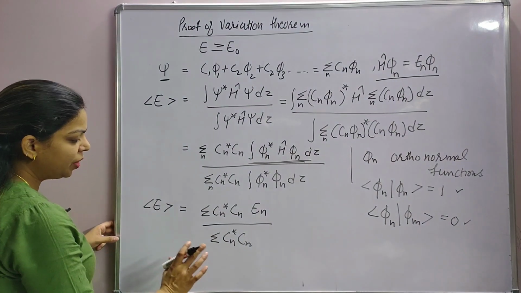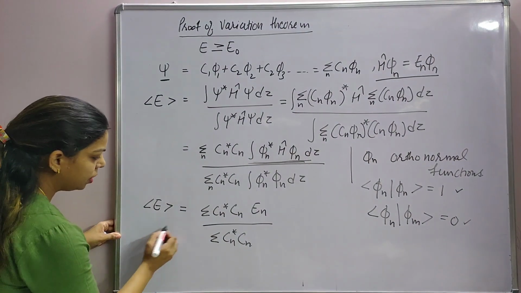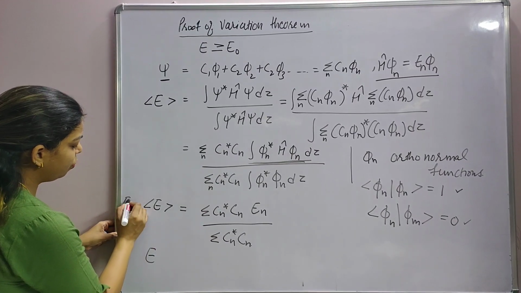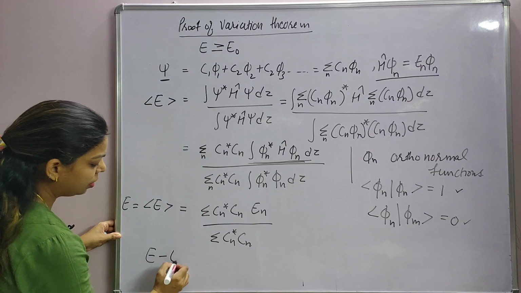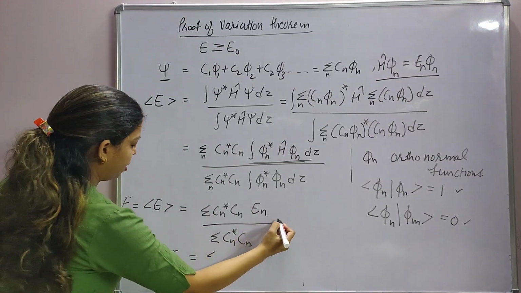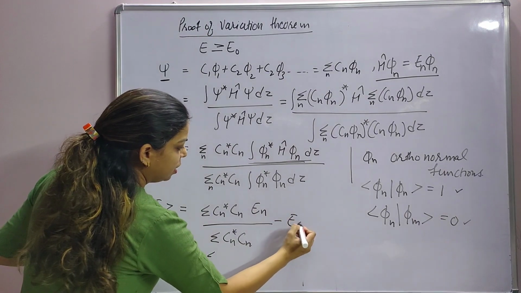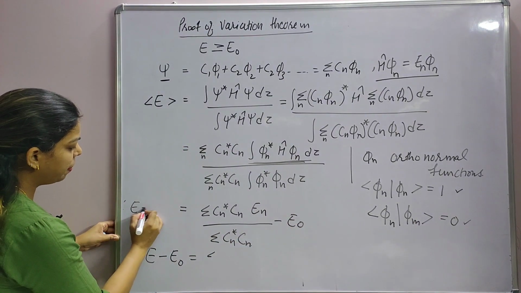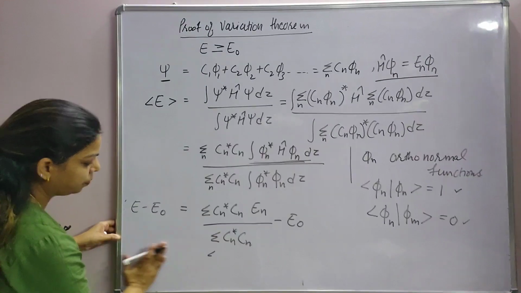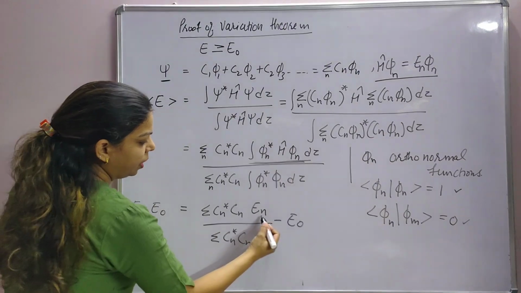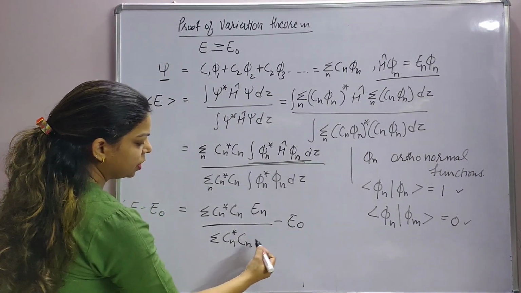All right, now the next step is to subtract. Let this average energy be E, so this is equal to E. If I subtract E naught from both sides, here also minus E naught, and this side also E minus E naught. I can take En minus E naught out of this bracket.